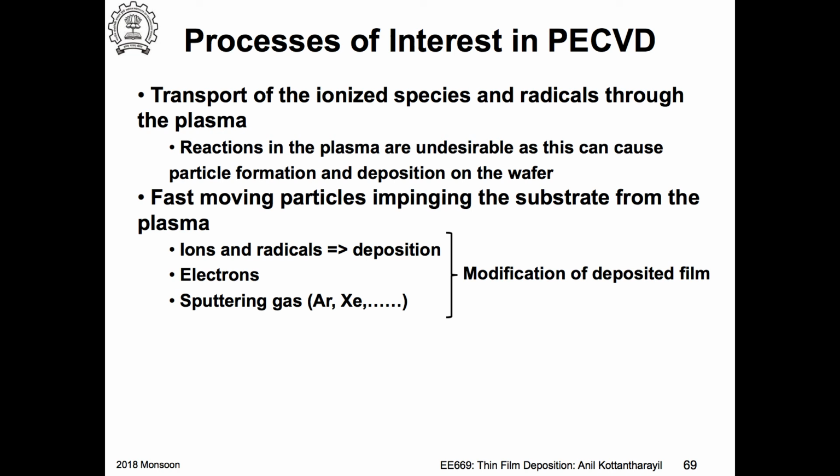There are a lot of other things that can lead to this particle formation and deposition on the wafers. For example, if you want to deposit silicon nitride, using silane and ammonia, but there is some tiny leak somewhere and air gets into this chamber. What happens?